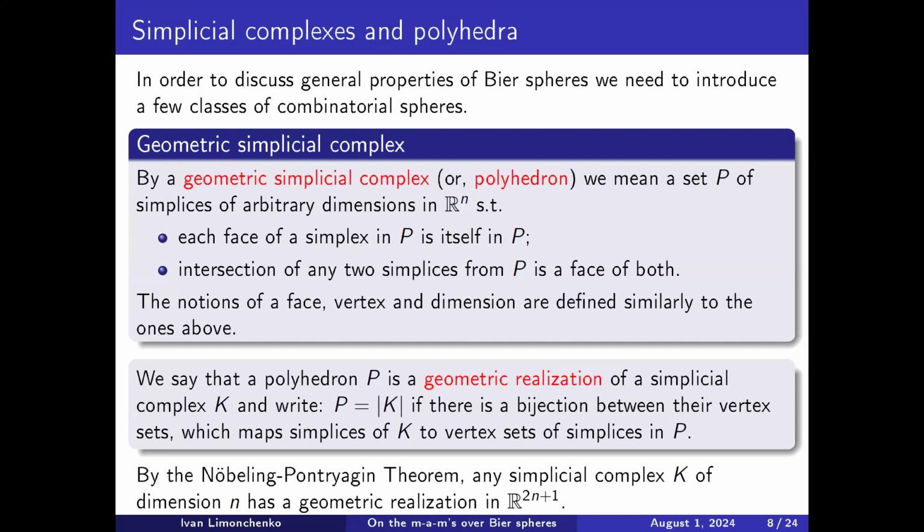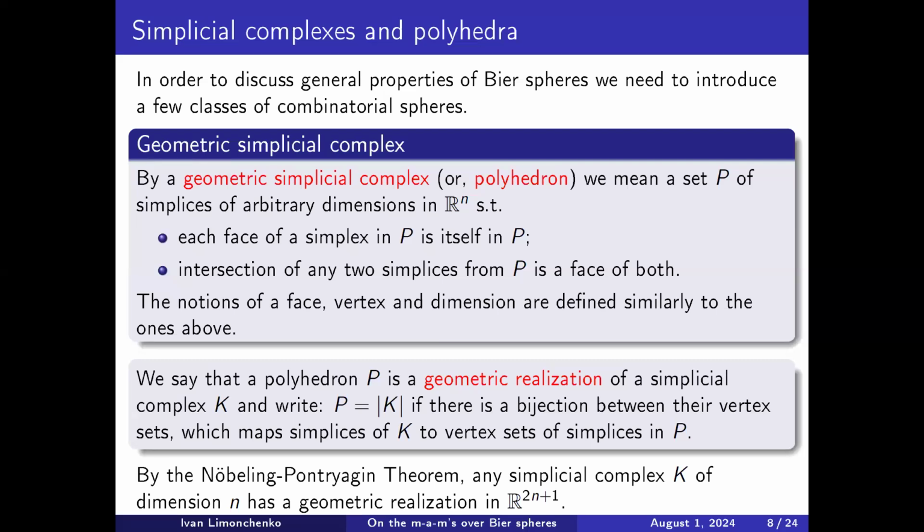And by the famous Nöbeling-Pontryagin theorem, which is of course much more general, any simplicial complex of dimension n can be realized geometrically in R^(2n+1). So of course you have geometric realization.